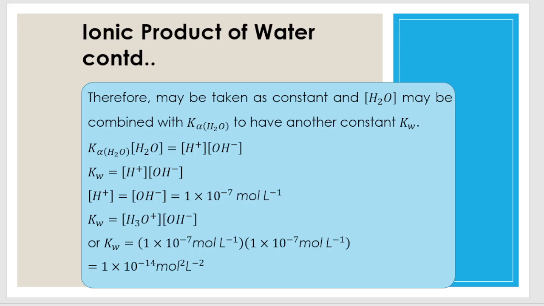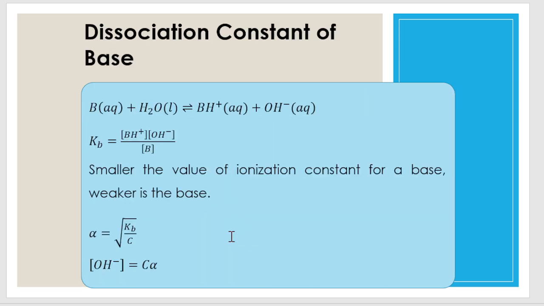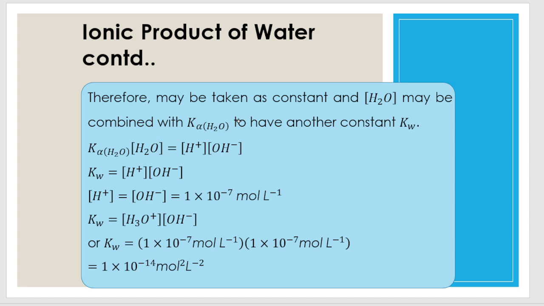As H2O is a pure liquid, its concentration is constant, and hence you can take it as unity or constant, and you get H plus ion concentration into OH minus ion concentration. This dissociation constant of water into water concentration you will get as H plus into OH minus. So Kw here is the ionic product of water.